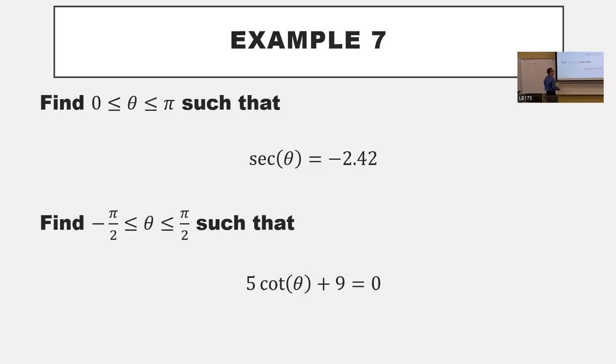Or, like in this next one, we have cotangent, or excuse me, 5 times cotangent of theta plus 9 is equal to 0. So this is what I mentioned last class period. We didn't do any examples yet, so these are going to be our first examples.